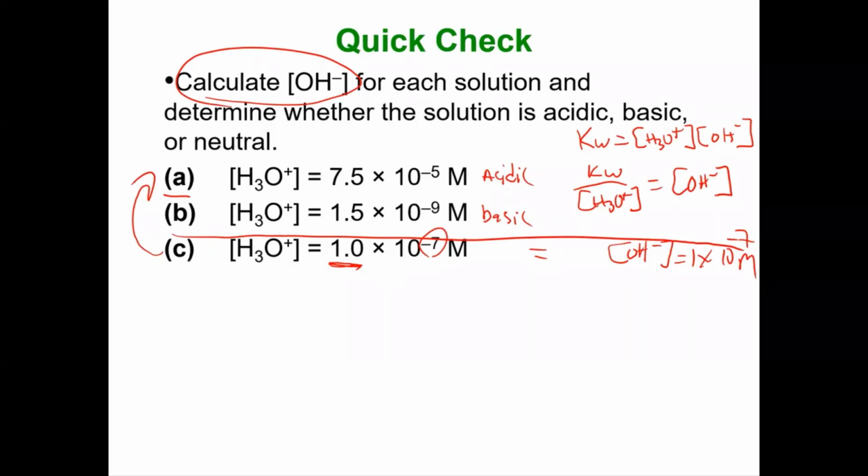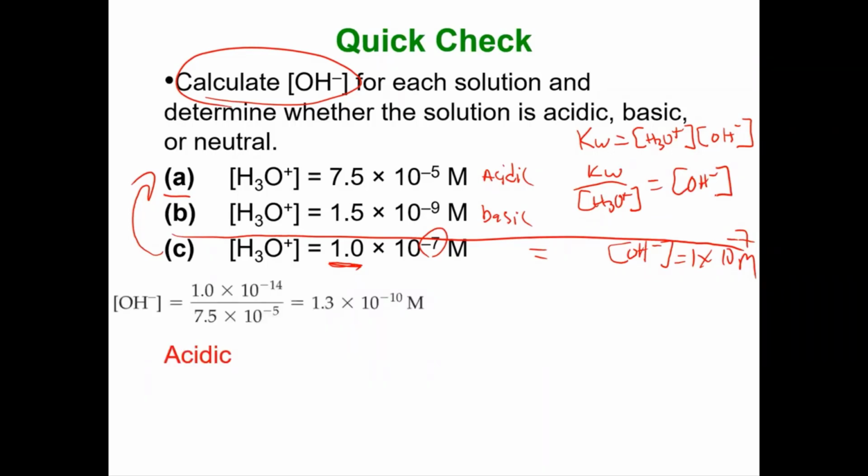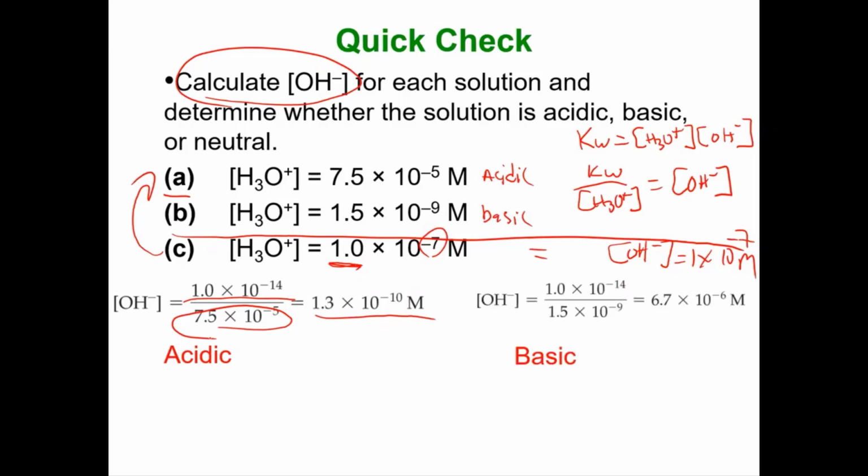And you get your answers. So the hydroxide for A, I take Kw, I divide it by the hydronium concentration, and I get 1.3 times 10 to the minus 10. And now it's obvious that this number is much bigger than that. So it's acidic because my hydronium concentration is greater.